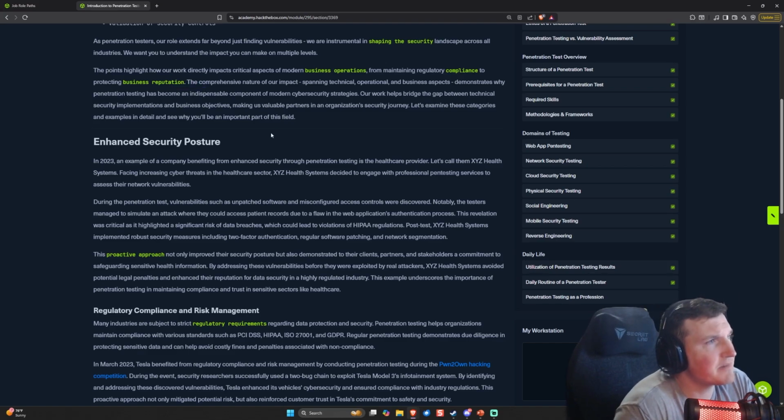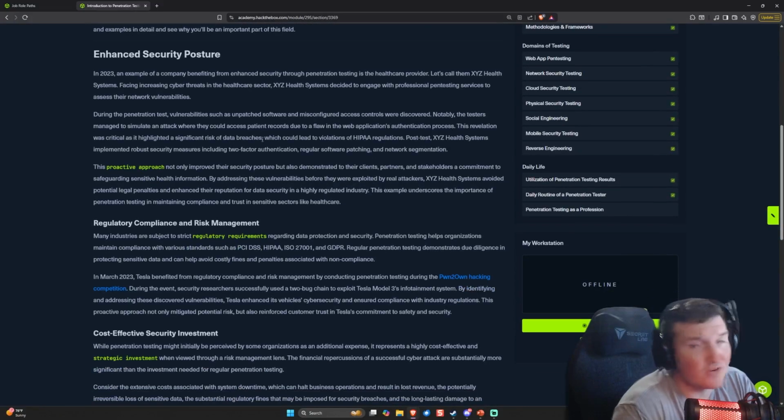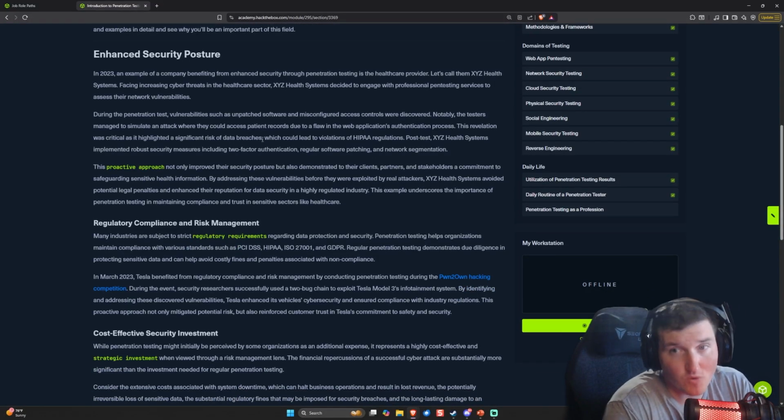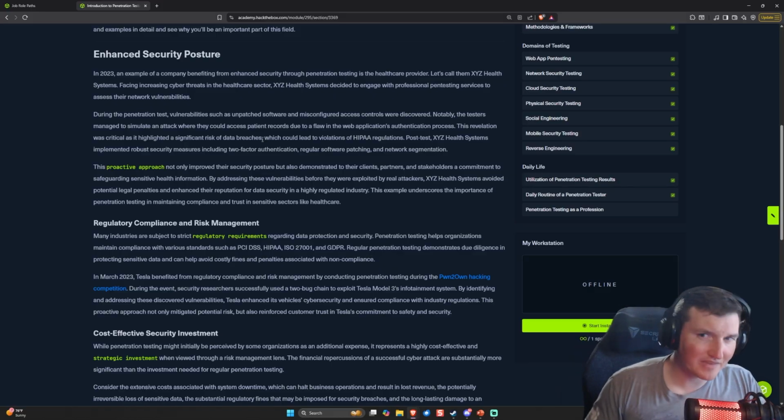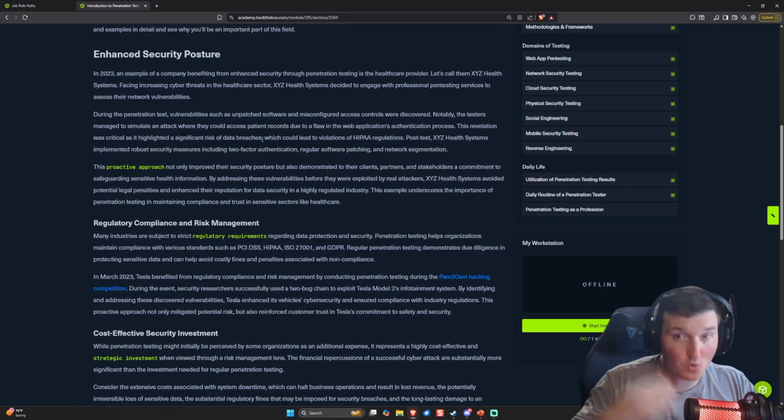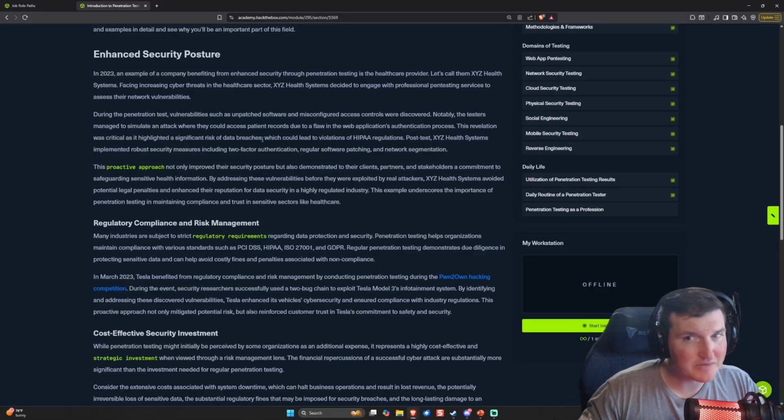Business reputation is a big one. One of the big things is if you are not doing pen tests and you're legally required to, that's going to hurt your business, because you're going to get fines from compliance, for one, but two, your business reputation gets harmed. When you go to do business with somebody, almost every business looks at you and evaluates you.